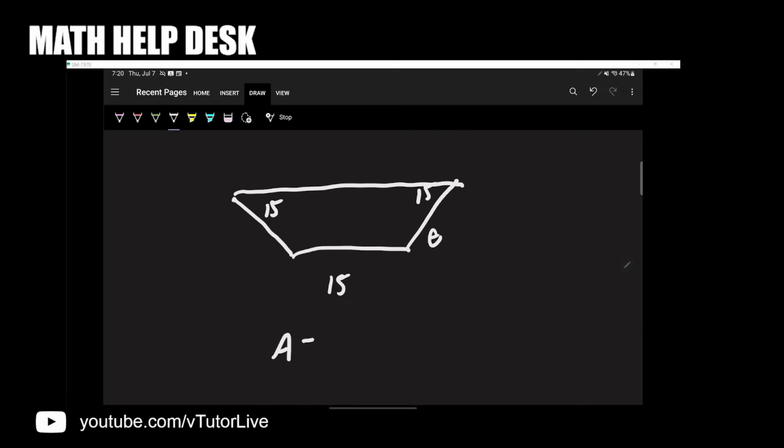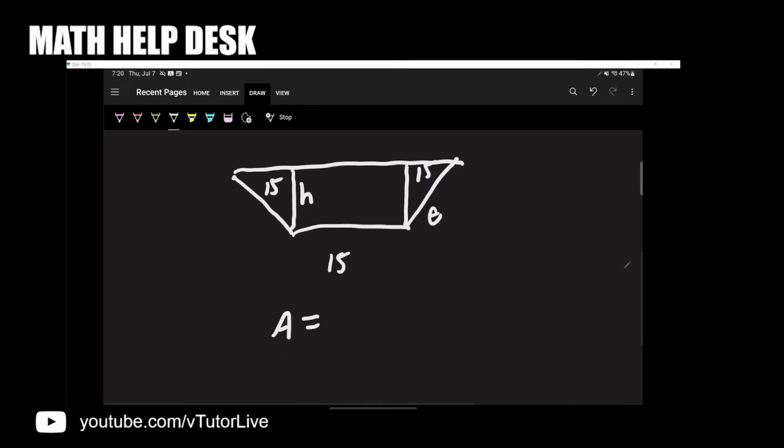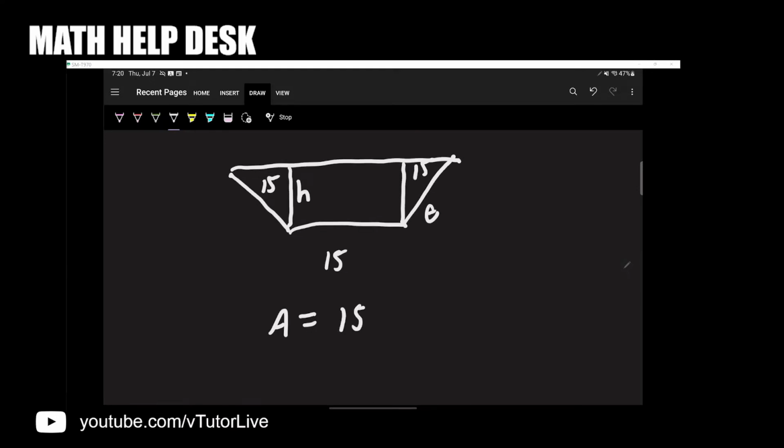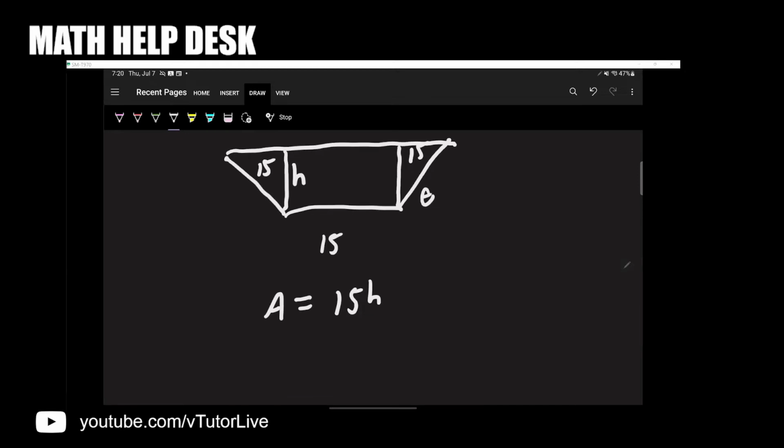So the area of the trapezoid is going to be the sum of, let's say, these components, and I can define a temporary variable called h. So the area of the middle component, the rectangle, is going to be 15 times h.